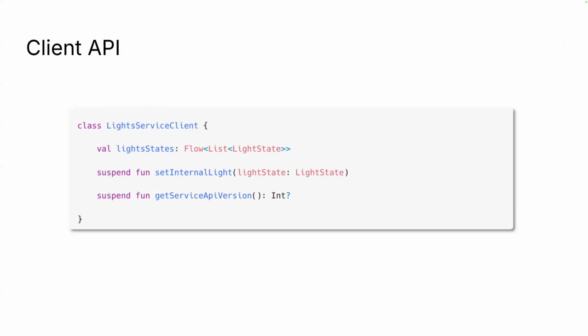Third-party applications, once they include the Gradle dependency we created, can simply use this light service client, subscribe to this flow, get updates when they receive them, and invoke a suspend method to set the internal light. And the rest is hidden under this interface.